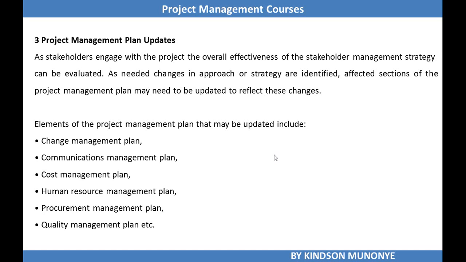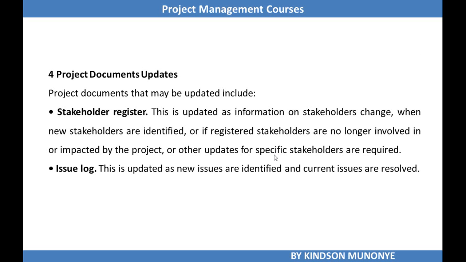Then another output for Control Stakeholder Engagement is the project management plan update. In the course of controlling stakeholder engagement, you might have to update the change management plan, communication management plan, or other management plans, and all these cumulatively form the project management plan.